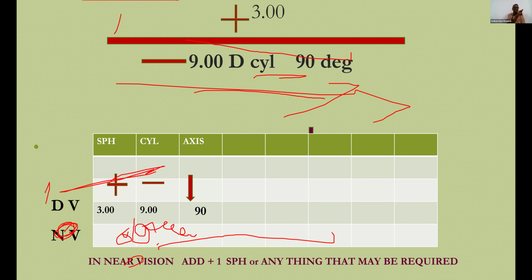Plus 180 cannot be the rule. So plus 90 is with the rule, minus 90 is against the rule. Understand now? Just remember one thing. In the examination you may get confused, but if you get confused, minus 180 is the rule. Chapter closed. Okay.